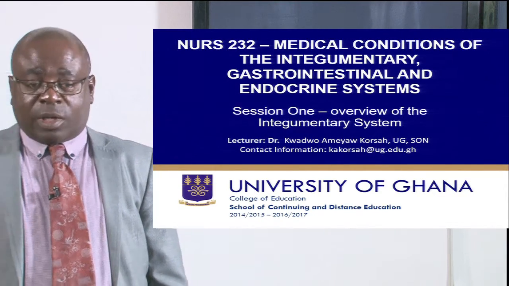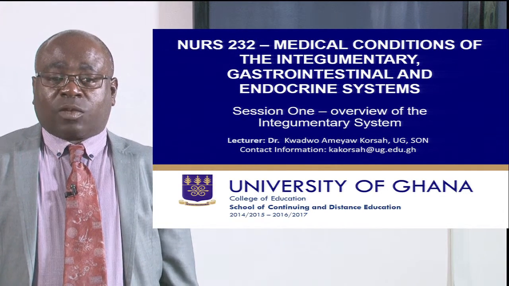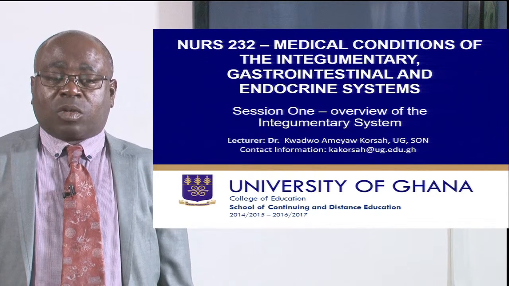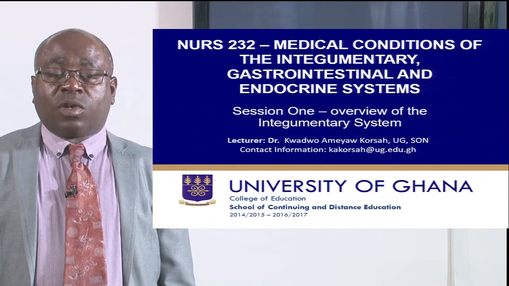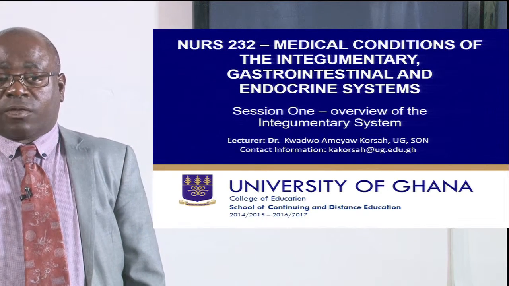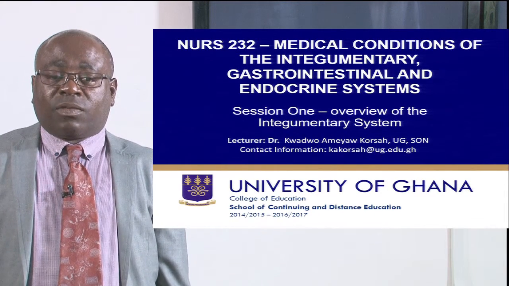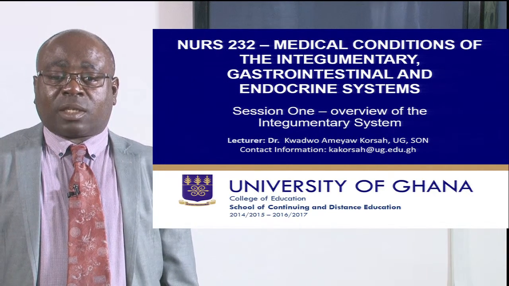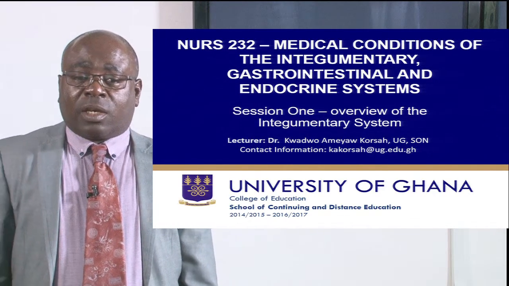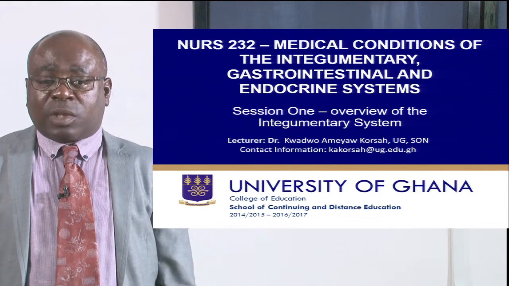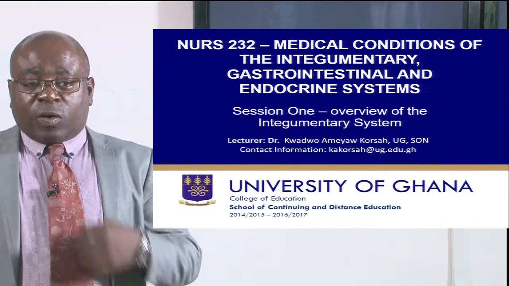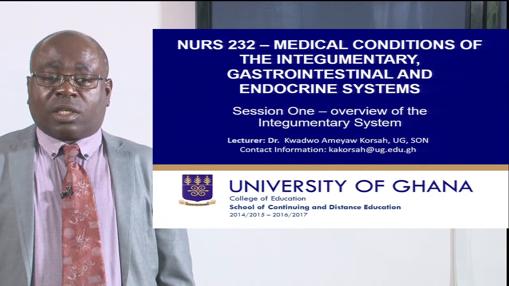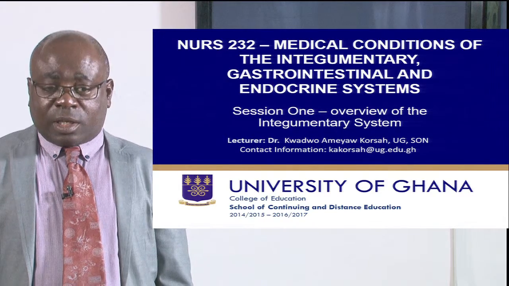But that will be brief, because in Nurs 231, which is the physical assessment, you've done almost all the assessment procedures, including subjective data collection, objective data collection, and confirmation of patients' conditions with investigative procedures. So in the first place, we are going to look at medical conditions of the integumentary system.